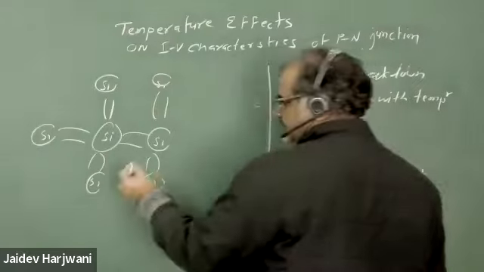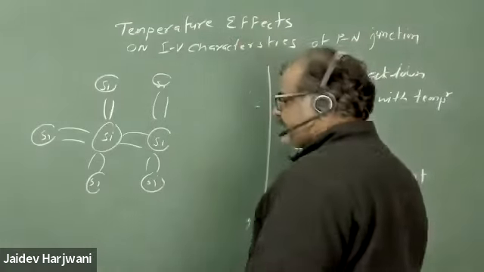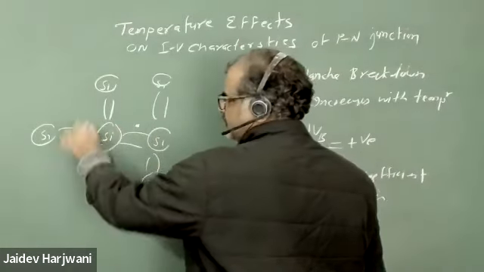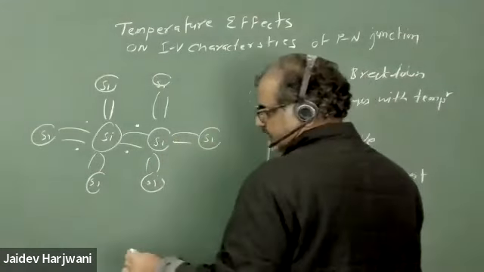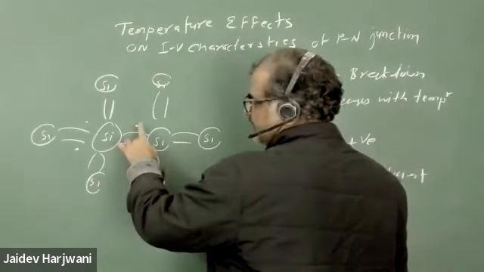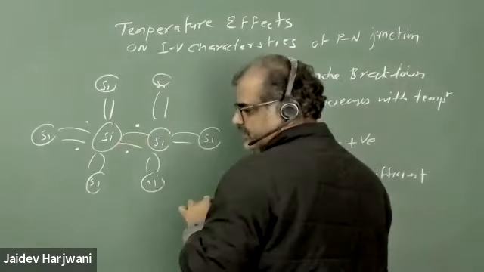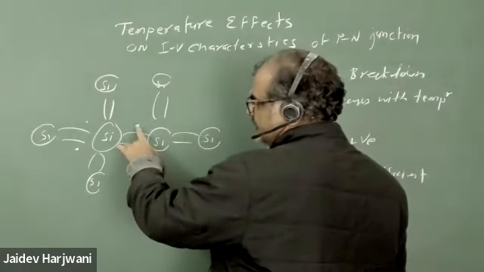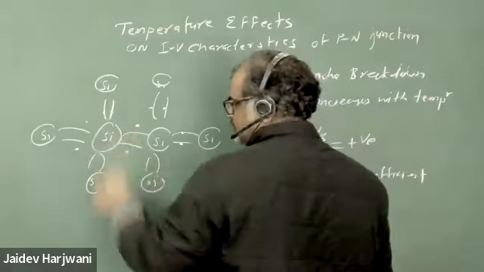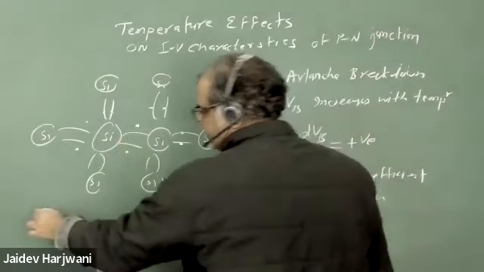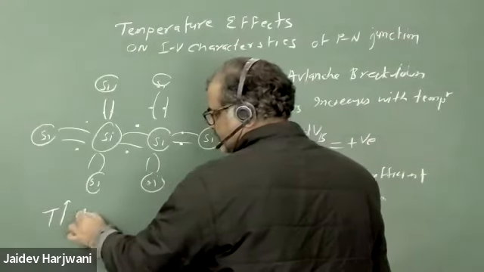At T equal to 0, you don't have any electrons, but as you increase the temperature, you have some free electrons. When I increase the temperature, the ionization energy and the velocity of the electrons increase. So the electron energy increases.